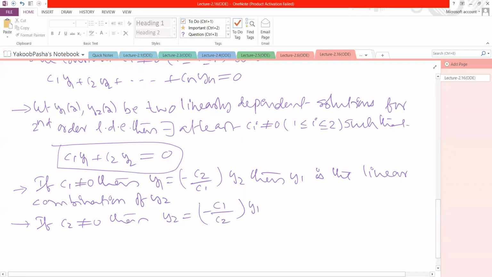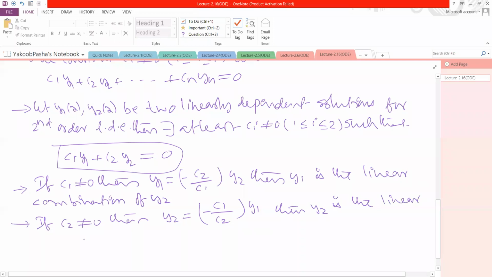This is nothing but a scalar. The denominator is not equal to 0, so this fraction is defined. So y2 is the linear combination of y1.